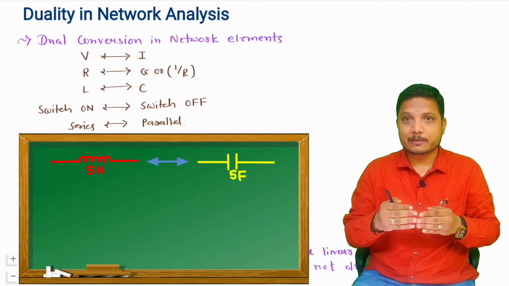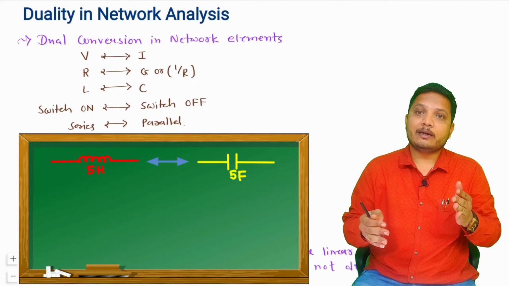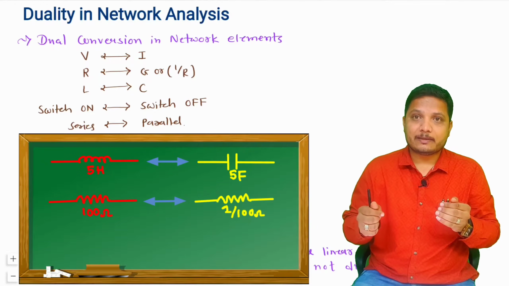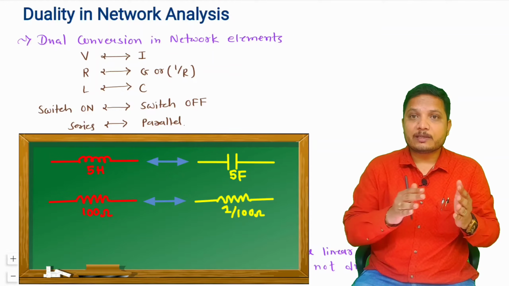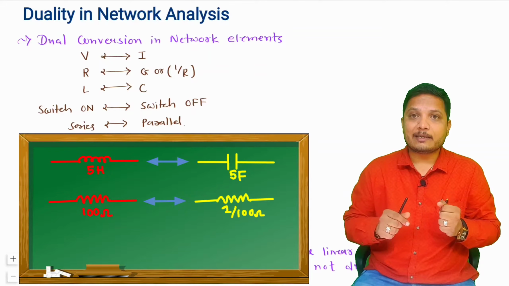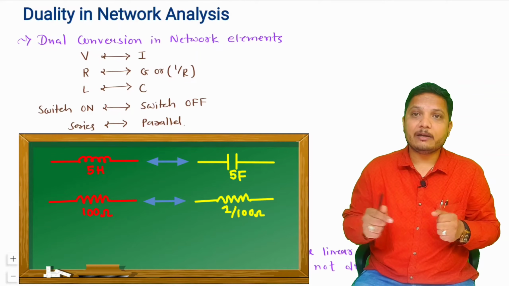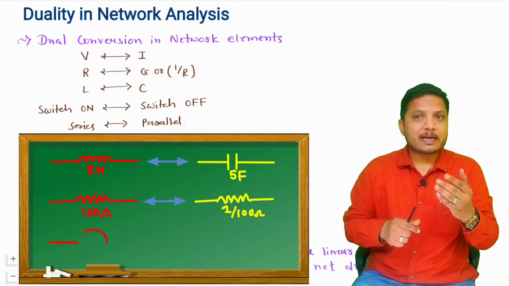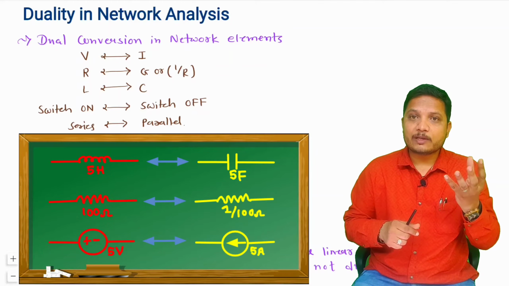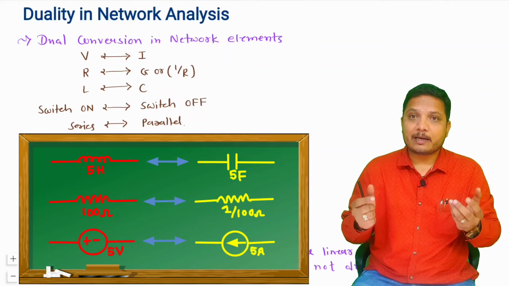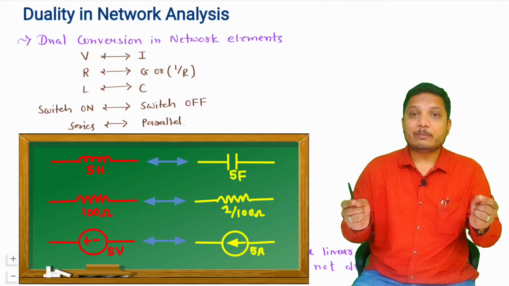That is how you replace it. But for a resistor, the value will be 1 divided by that resistance, or you can express it as transconductance. If the resistance is 100 ohm, its dual will be a transconductance of 1 by 100. Similarly for a voltage source: if a 5 volt source is given, its dual will be a 5 ampere current source.